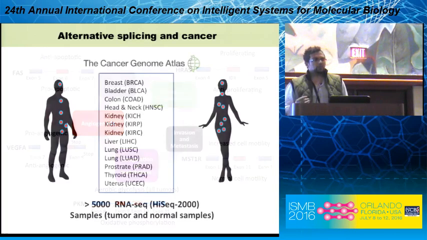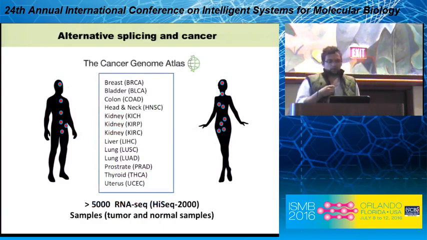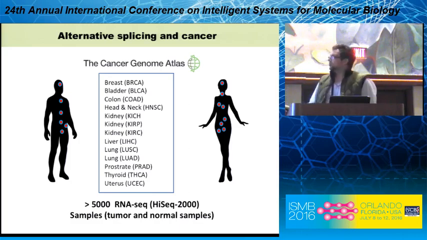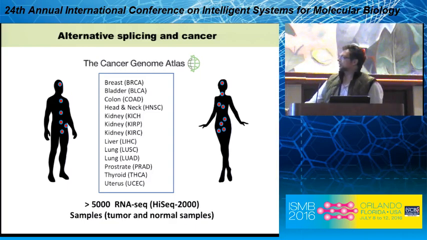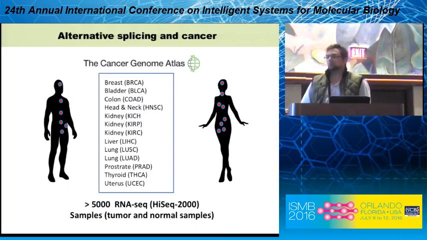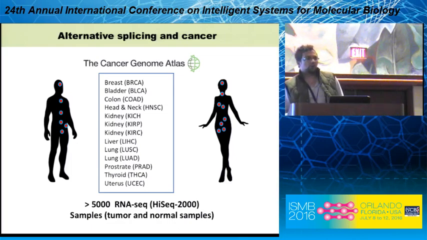As Abby mentioned this morning, it's important to make clear what is in it for you, and I will start by saying what's in it for us with this software that I'm going to talk about. We wanted to analyze RNA-seq data from the Cancer Genome Atlas, in particular more than 5,000 RNA-seq samples, and we wanted to find an efficient way to study splicing with limited resources.